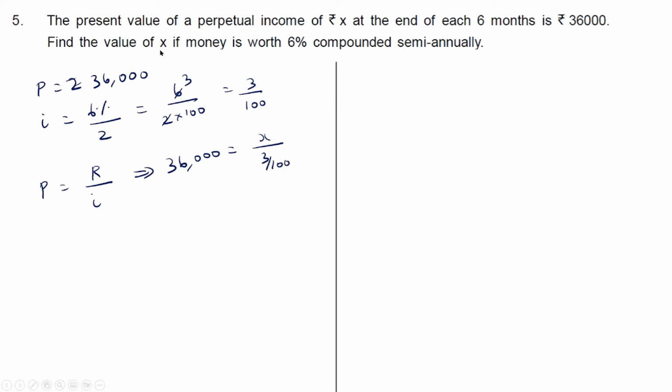We have to find X because R is X. This implies X is equal to 36,000 into 3 by 100. It is 1080. Therefore, X equal to rupees 1080. So these are the different types of questions under present value of perpetuity which can be expected for 2 marks.